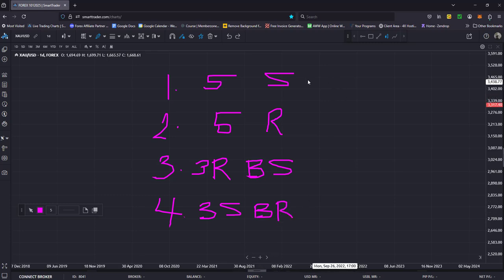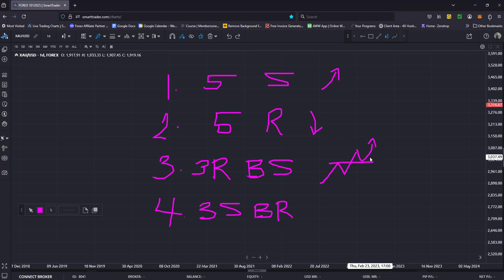Just to go over, support areas are areas that push the market up. Resistance would be areas that push the market down. Resistance becoming support is when the market was going up, found resistance, broke out, came back to that level, and then pushed up.